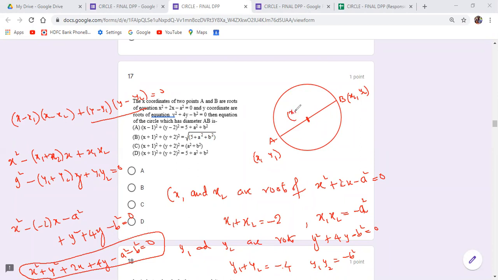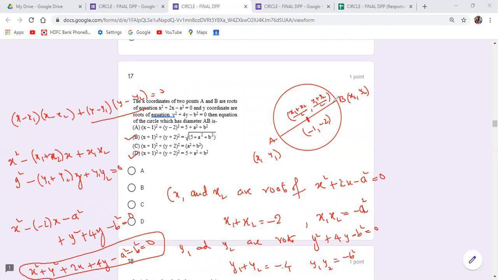The center of the circle is ((x1 plus x2) by 2, (y1 plus y2) by 2). x1 plus x2 is minus 2, upon 2 is minus 1. y1 plus y2 is minus 4, upon 2 is minus 2. So the center is (minus 1, minus 2). So which can be the answer? Either B or it can be D, right?